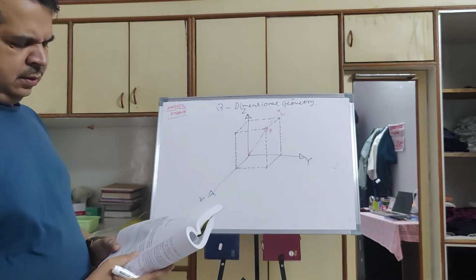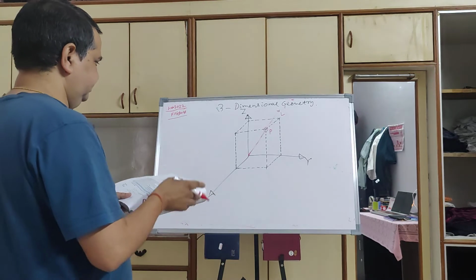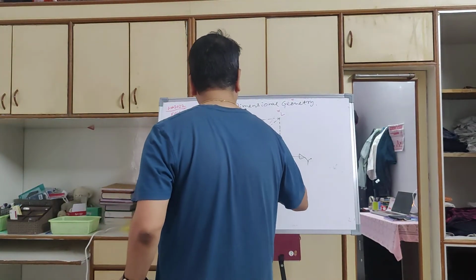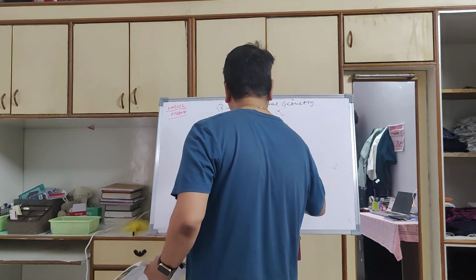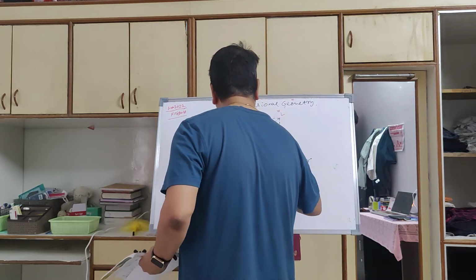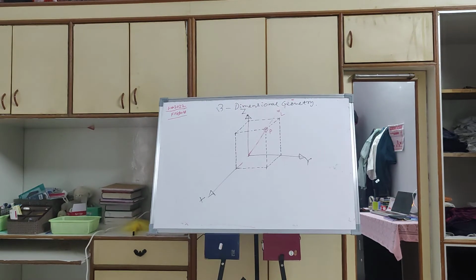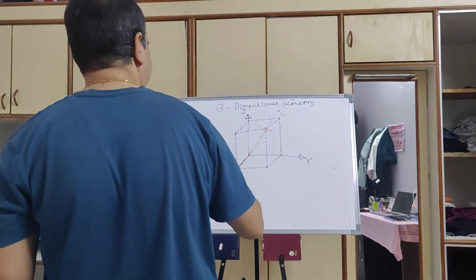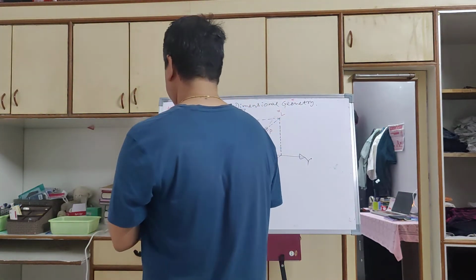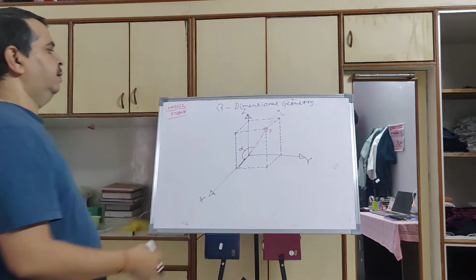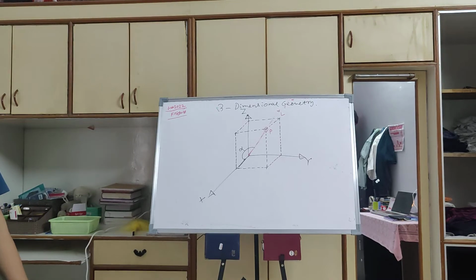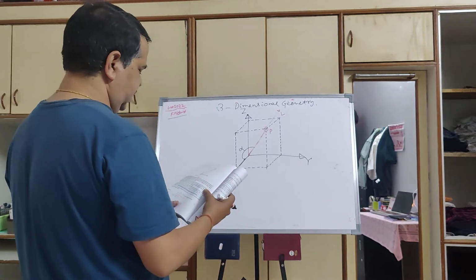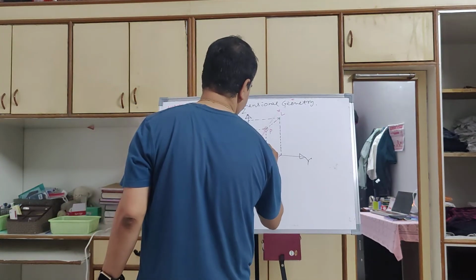So when it happens, this line makes angles with the axes. The angle made by line L with the x-axis is alpha. The angle made by line L with the y-axis is beta.